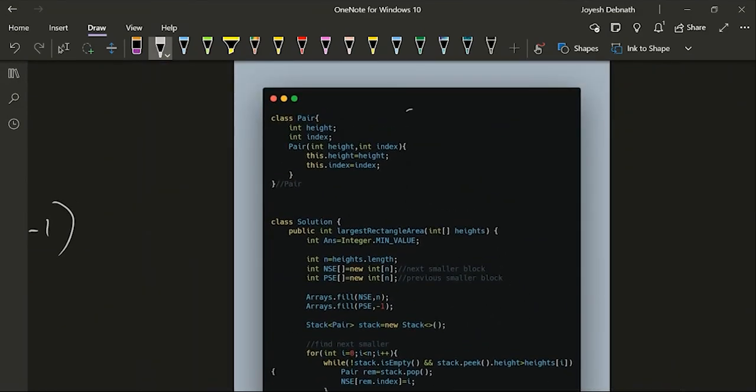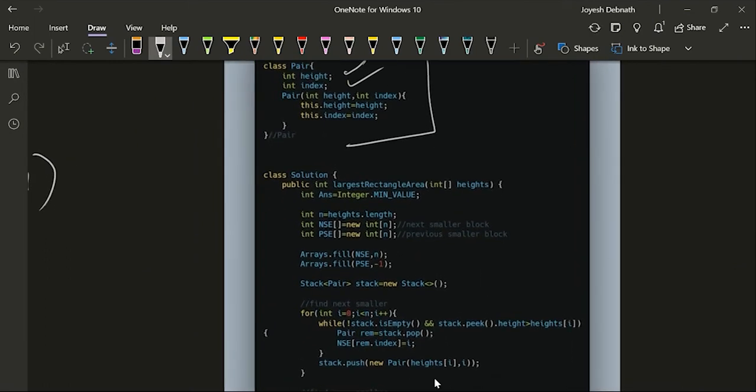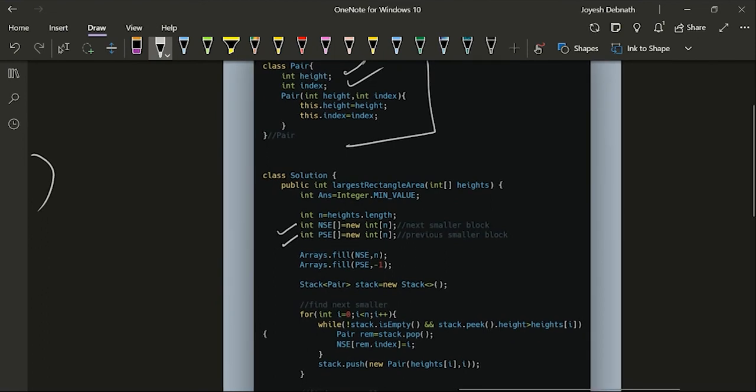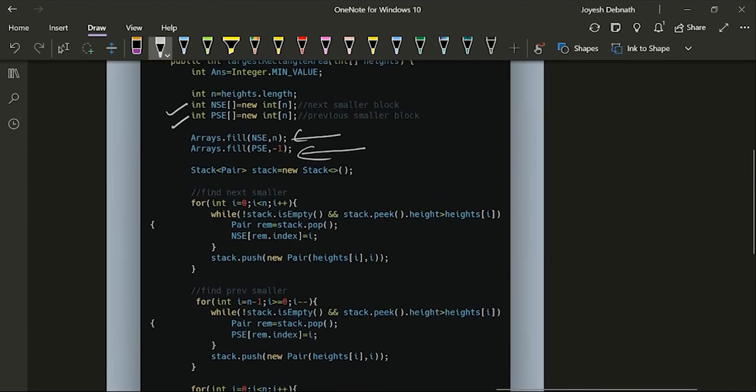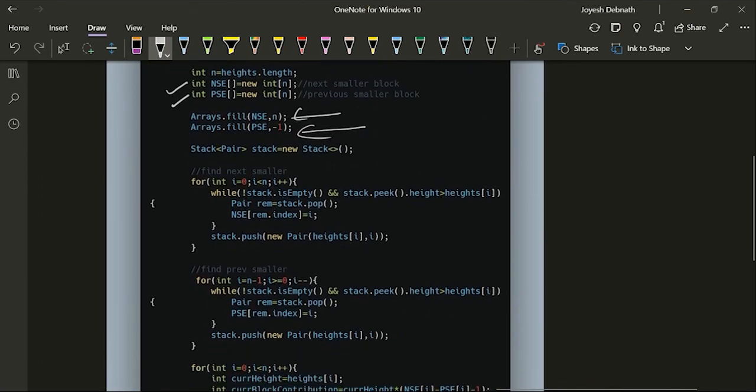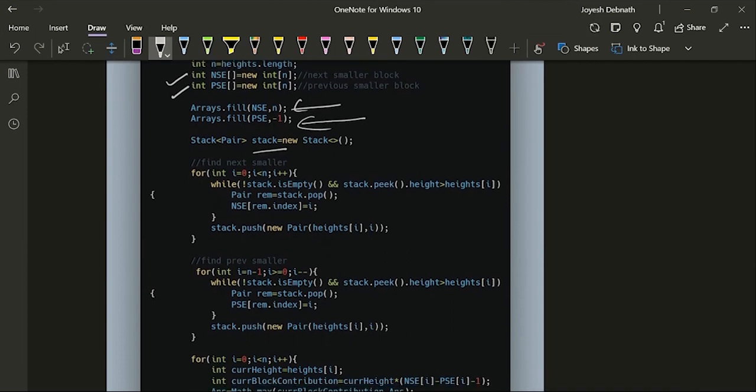If I look at the code, as mentioned earlier, I have prepared a pair class of height and index. There are two arrays, next smaller element and previous smaller element. So for the next smaller element, I have filled this with the length of the array, and for previous smaller, I have filled this with minus 1. So taken a stack of pairs.